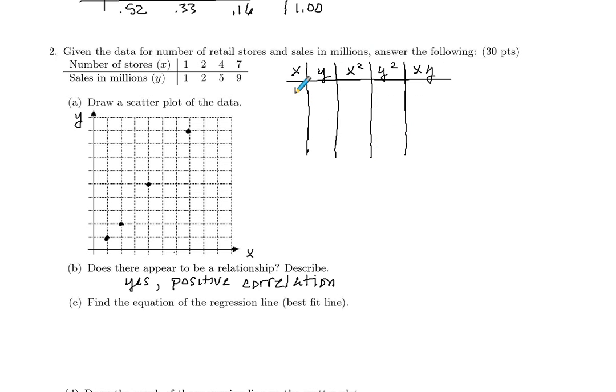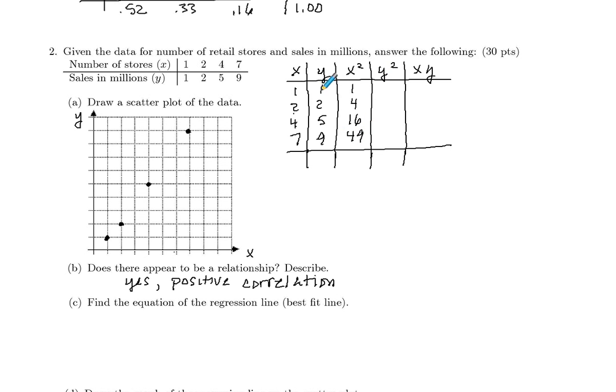So x's are 1, 2, 4, and 7. Put a total row down on the bottom. And remember, you can double check these with a calculator. 1, 2, 5, and 9 are our y's. X squared, we square each one of these numbers, so 1 squared is 1, 2 squared is 4, 4 squared is 16, 7 squared is 49.